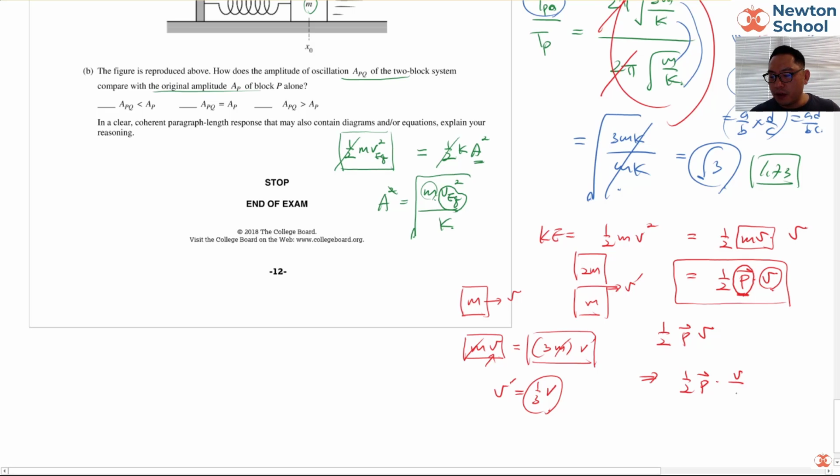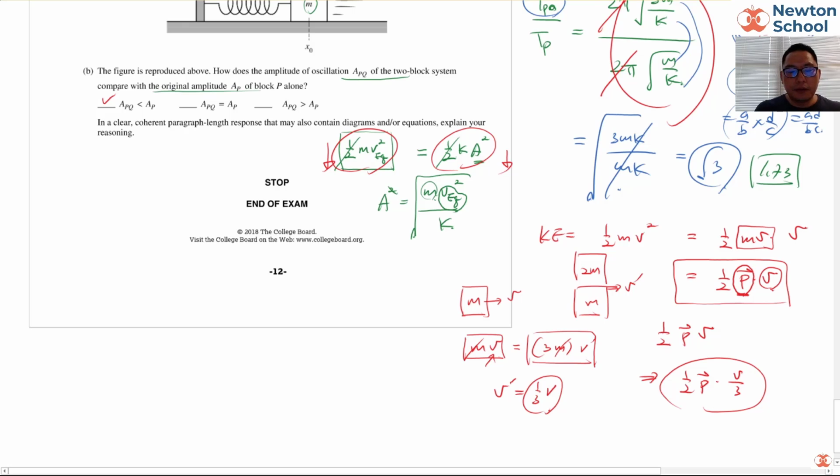So your kinetic energy will be 1/3 of the original. And since your kinetic energy is smaller, your amplitude has to be smaller too. So the amplitude of PQ will be smaller than the amplitude of P, right?